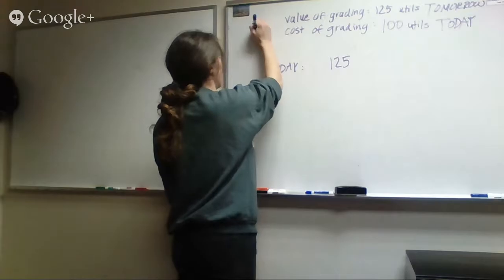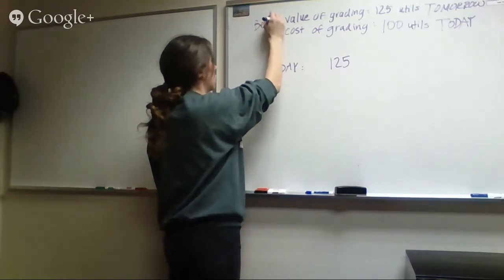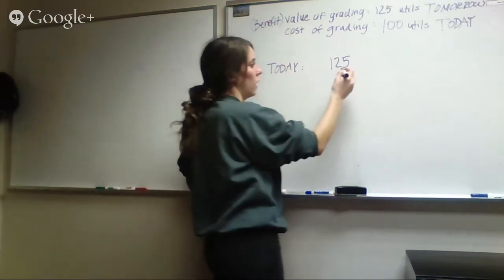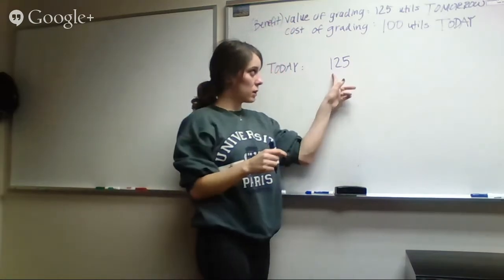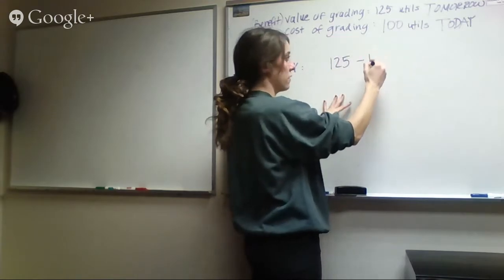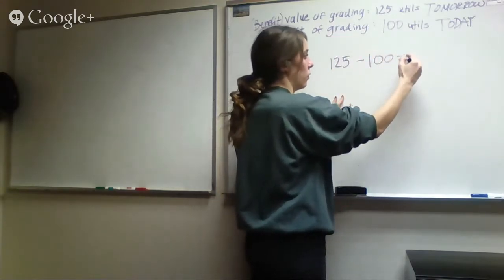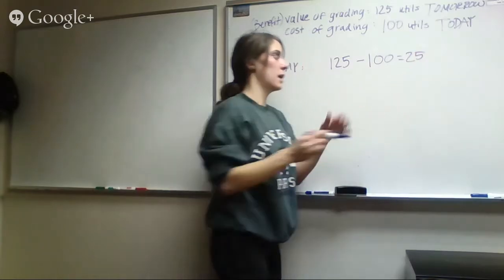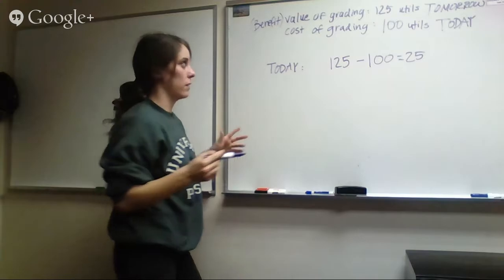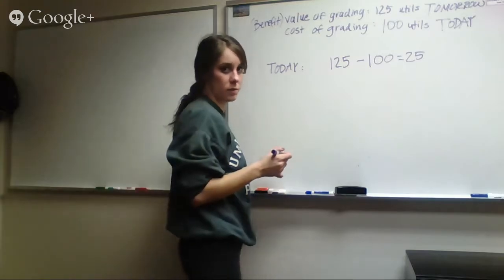So this is the benefit also. So it's going to be 125 utils, the benefit, minus the cost. So 125 minus 100 for total utils of 25, if he's indifferent between today and tomorrow for his preferences.